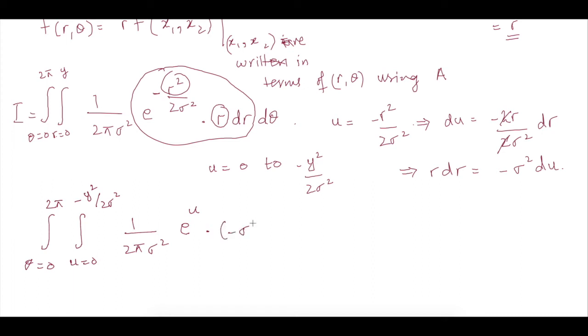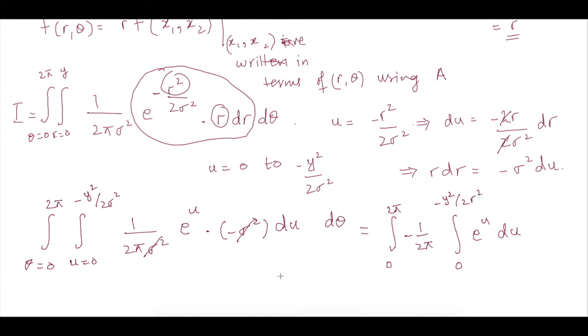Minus sigma squared du, correct? And then d theta. So this goes with this, so I'm left with 0 to 2 pi, minus 1 over 2 pi e^u du, 0 to minus y squared over 2 sigma squared.